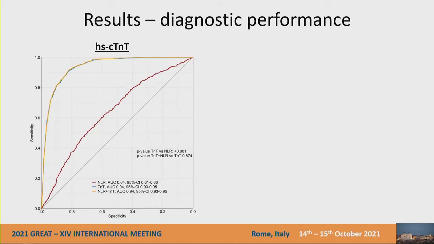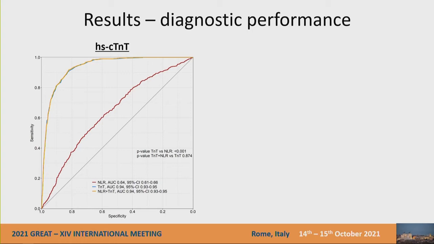So, now to the diagnostic performance. The AUC just for the neutrophil lymphocyte ratio alone is 0.64, which is actually bad. So it seems not to be a good diagnostic biomarker for acute myocardial infarction.